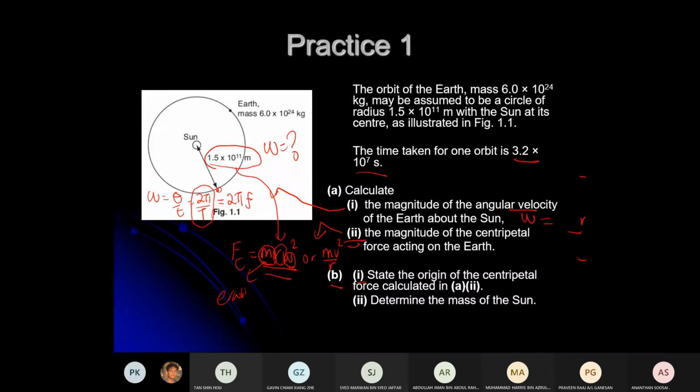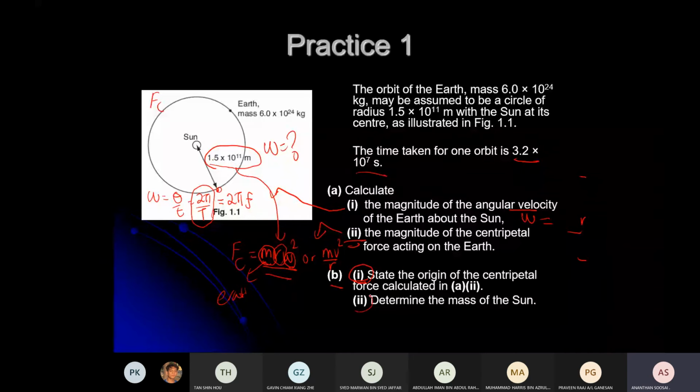Because if you learned the circular motion knowledge, Fc is contributed by some forces. Here, what force contributes to the centripetal force? The gravitational force of the sun on the Earth contributes to the centripetal force. Okay, that's B1.